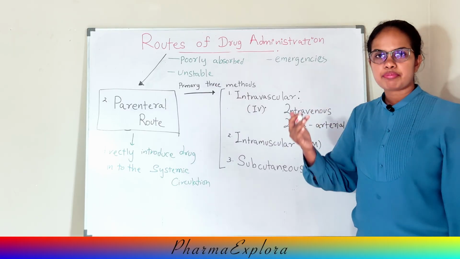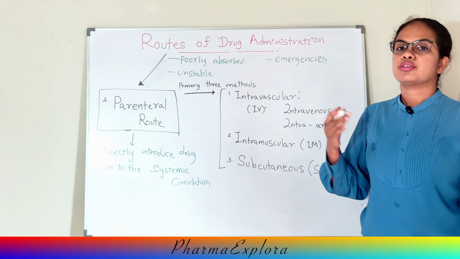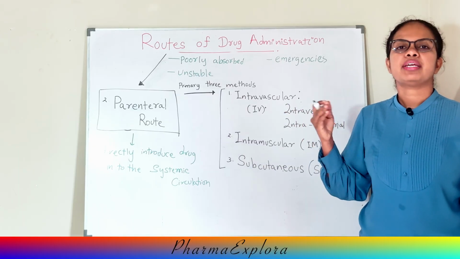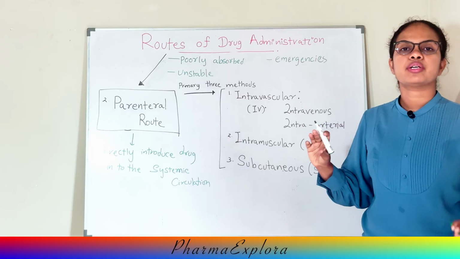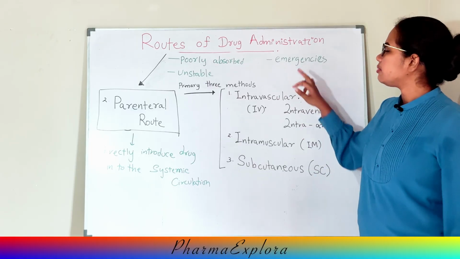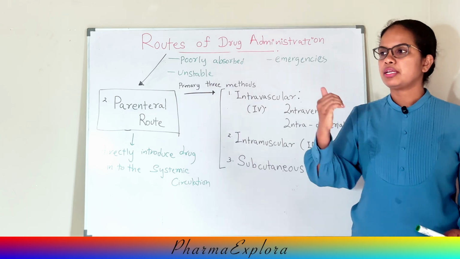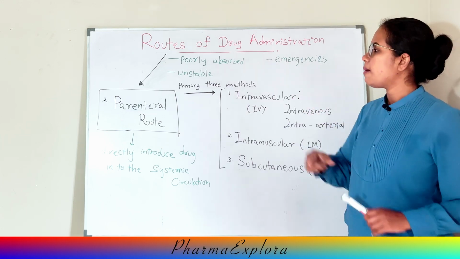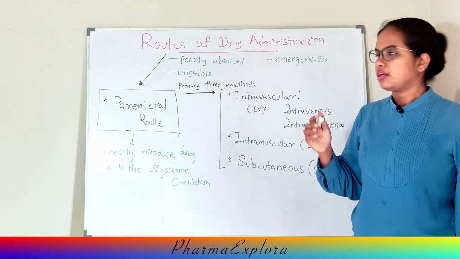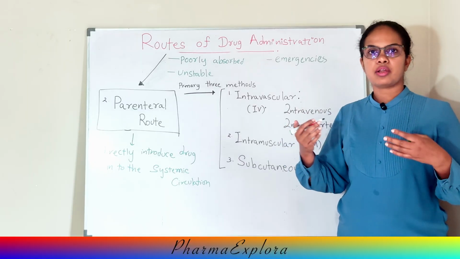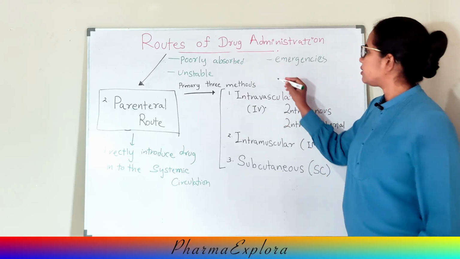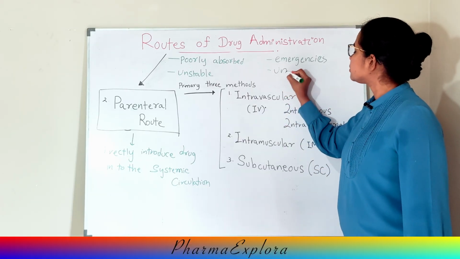In our previous videos, we discussed what rapid onset of action is: how quickly a drug will start to work. And also for unconscious patients who cannot swallow a pill or use the enteral route, we use the parenteral route.